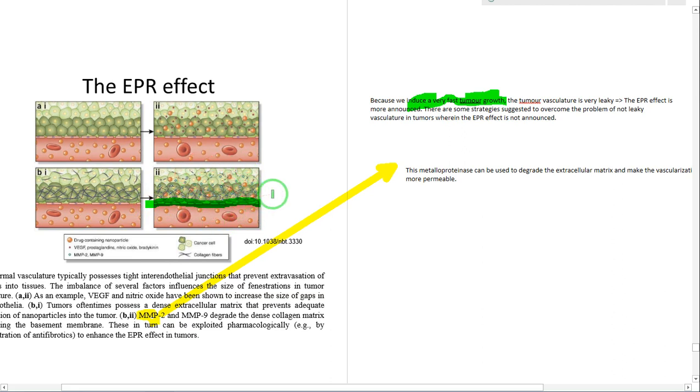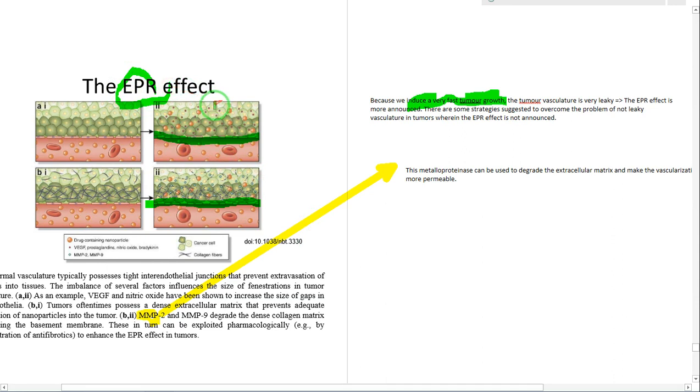But for normal cancerous tumors, it's not going to happen. I mean that the vascularization is more compact, more ordered. You see fewer fenestrations, and it decreases the EPR effect.